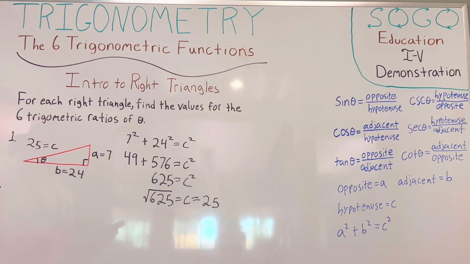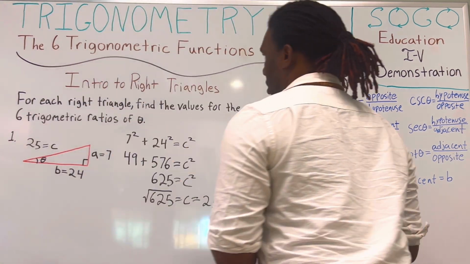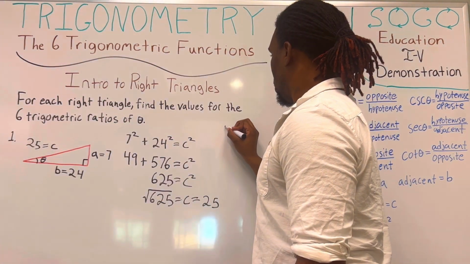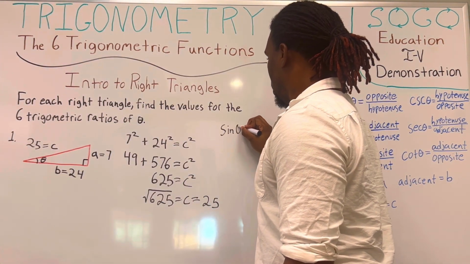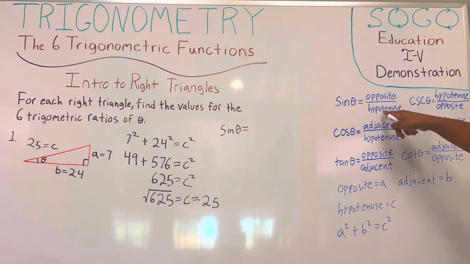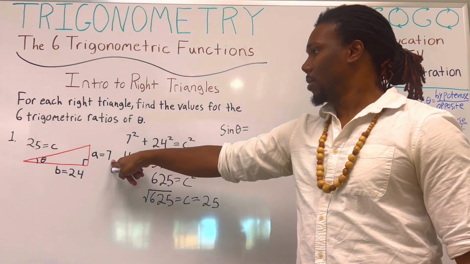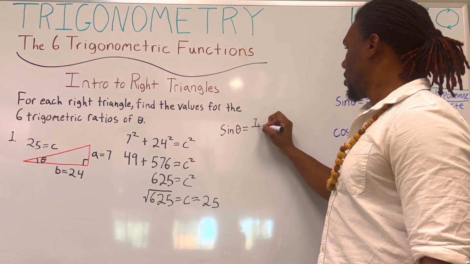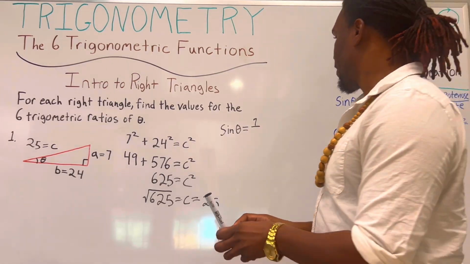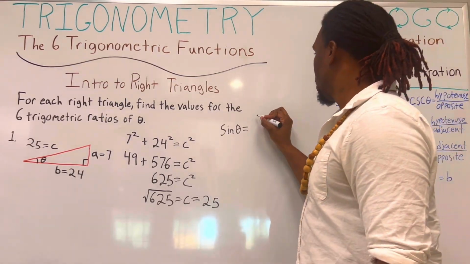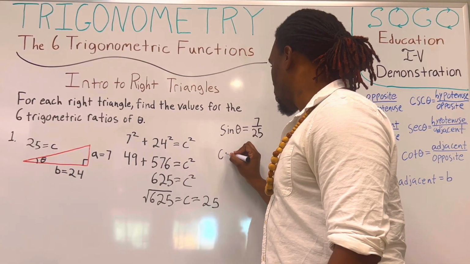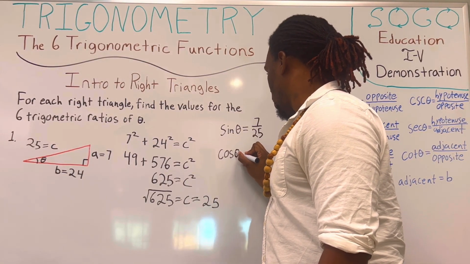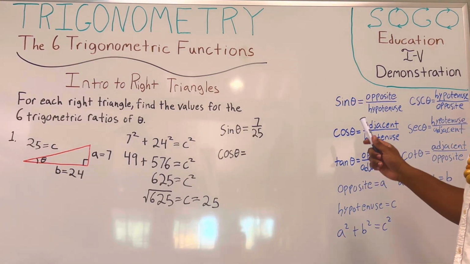Now we have all the values of the lengths of the sides of the right triangle. Now we can start getting the 6 trigonometric ratios, right? So sine theta is opposite over hypotenuse, A over C. Therefore, it's 7 over 25. Then we have cosine theta, which is adjacent over hypotenuse.